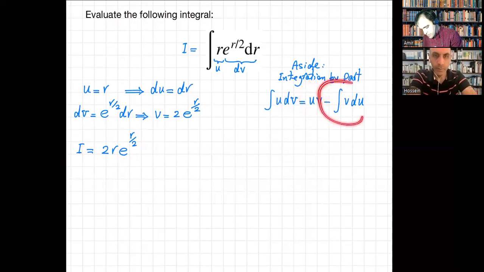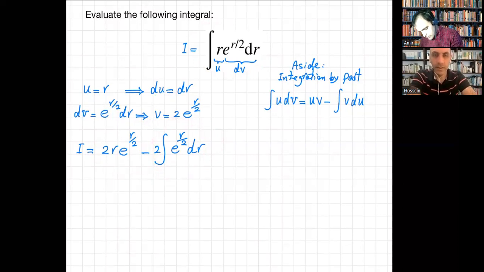And for the second one, we have minus the integral of v times du, so it is 2 e to the power of r over 2, times dr. So we actually transformed this integral to this integral, and the second term is a very simple integral to solve.